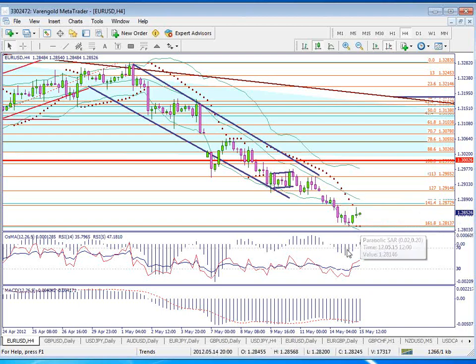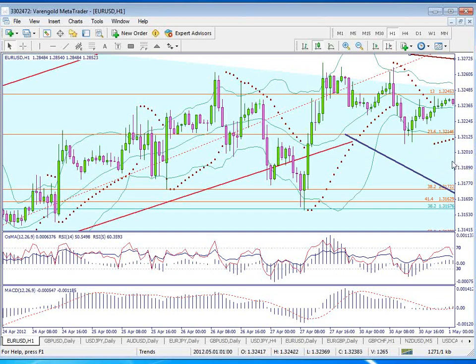We can see a bigger move if the pair will cross the middle Bollinger Band. So until the pair stays under the Bollinger Band, I think that the pair will continue the downtrend.